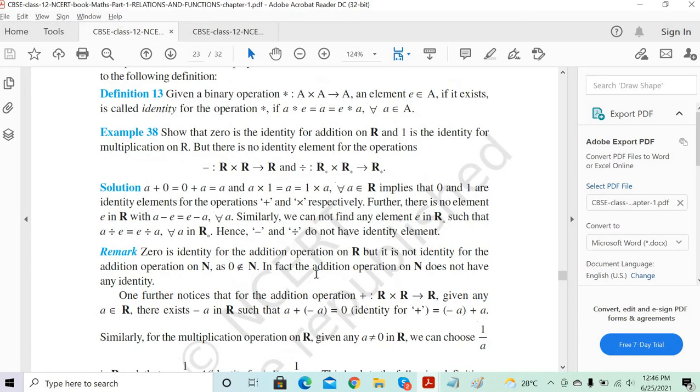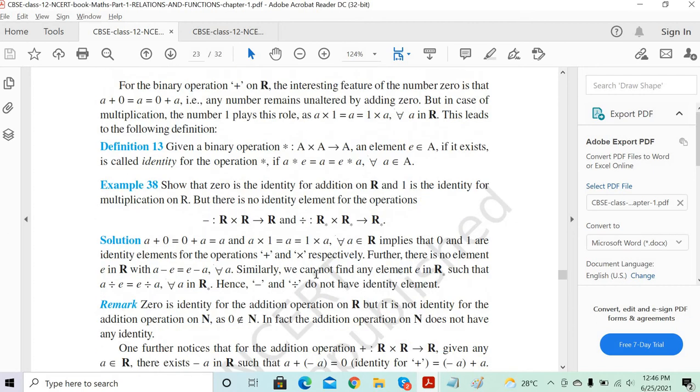Good. So here it's given a binary operation star, A cross A gives us A, and an element E belonging to A, if it exists, is called the identity for the operation star if A star E is equal to A is equal to E star A, for all A belonging to A. Did you understand the meaning here?